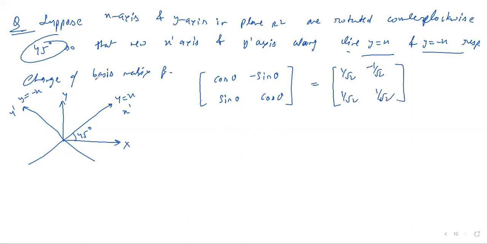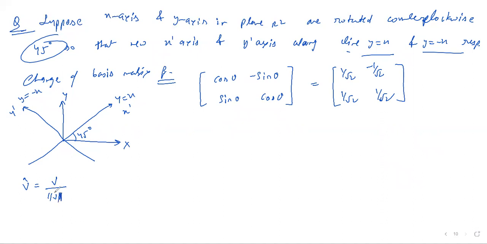Now, to find the change of basis matrix P, we need the unit vectors in the direction of the new x dash and y dash axes. To convert a vector v into a unit vector, we divide the vector by its norm.